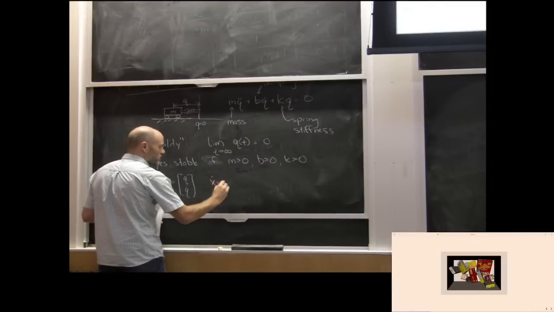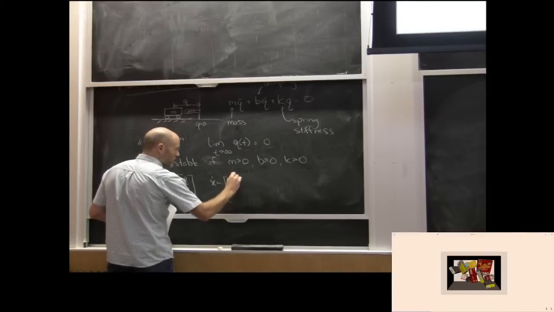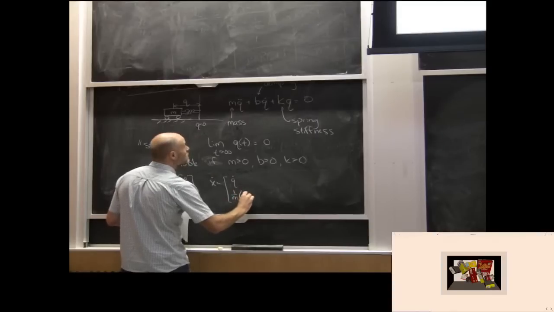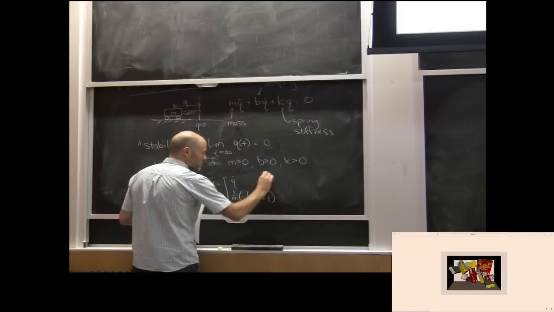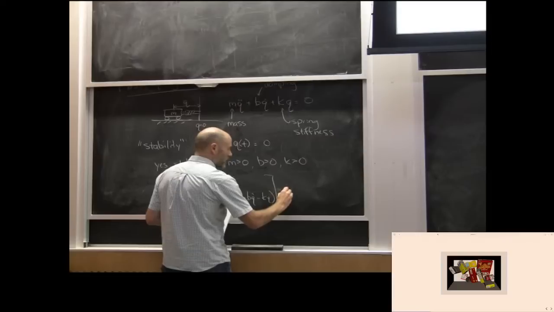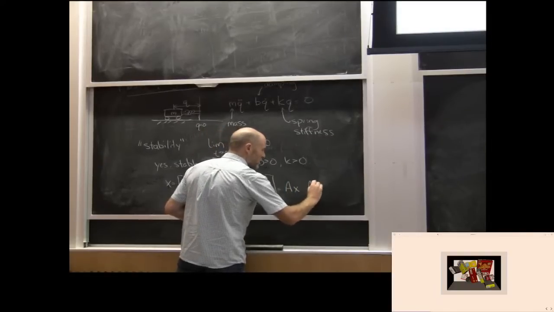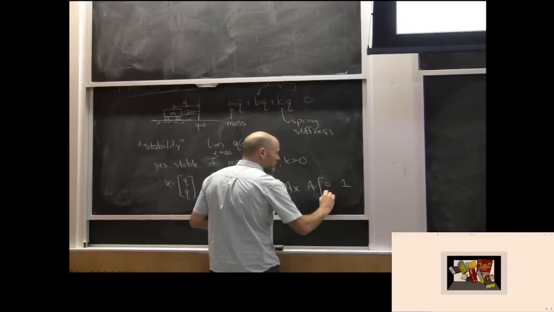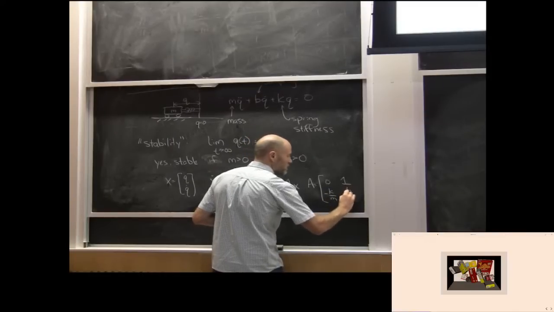So I can write x dot equals q dot, and then 1 over m times negative b q dot minus k q, which I can write as A x, where A is just 0, 1, negative k over m, negative b over m.